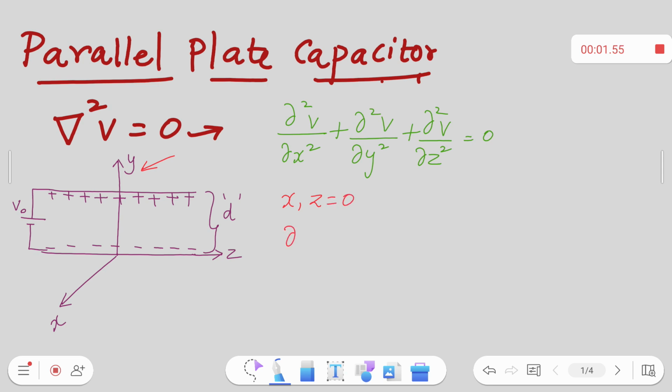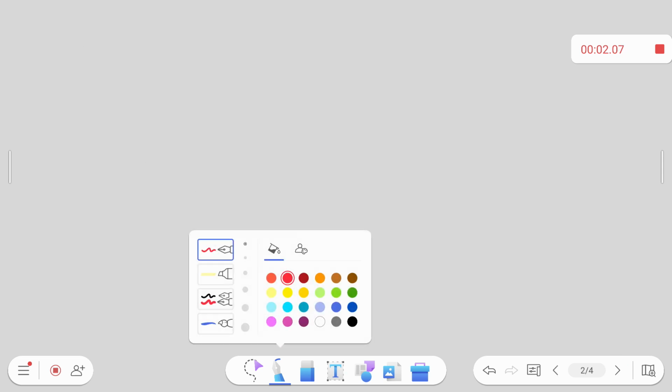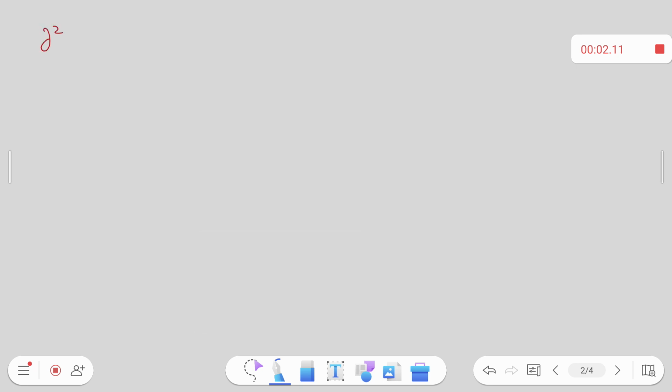So my equation reduces to dou square V by dou y square is equal to 0.